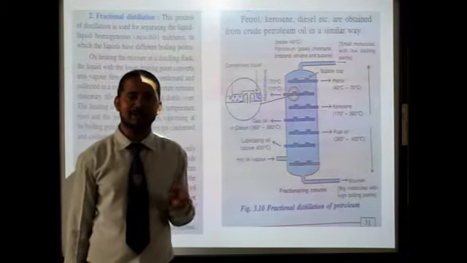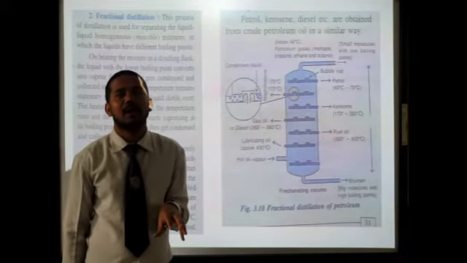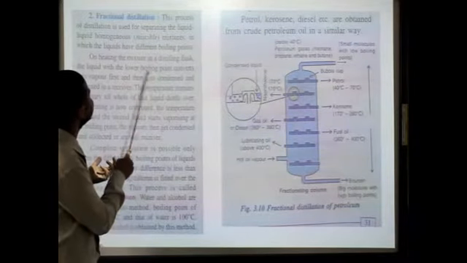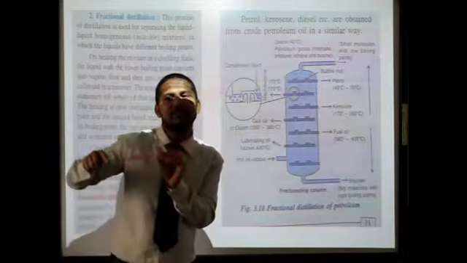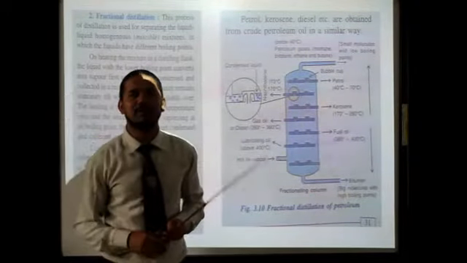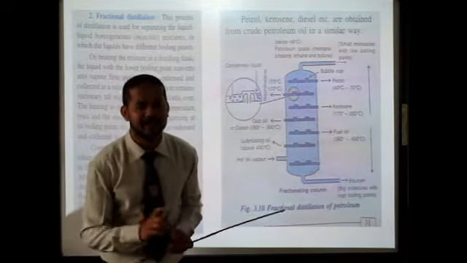Only after this, another liquid with a boiling point a little higher than this will start boiling. That means it starts converting into vapor. Then again, when it is converting into vapor, the temperature of the mixture remains fixed.